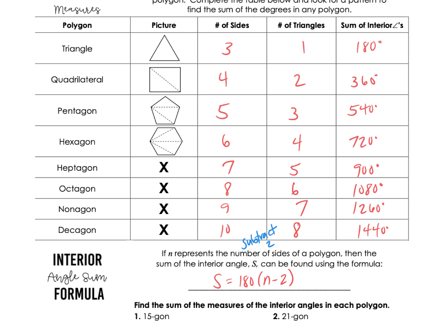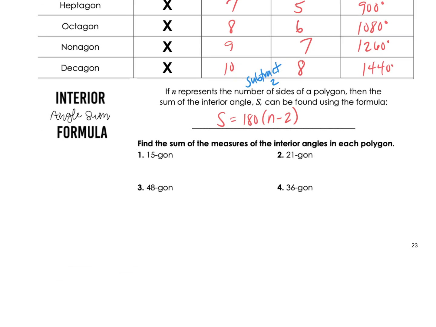Okay? So, find the sum of the measures of the interior angles in a 15-gon. What am I going to do? S equals 180. I'm going to either write out the formula, or even write 180 times 13, but I'm going to tell you right now, if on the homework or on a quiz all you give me is the answer, I'm counting it wrong.